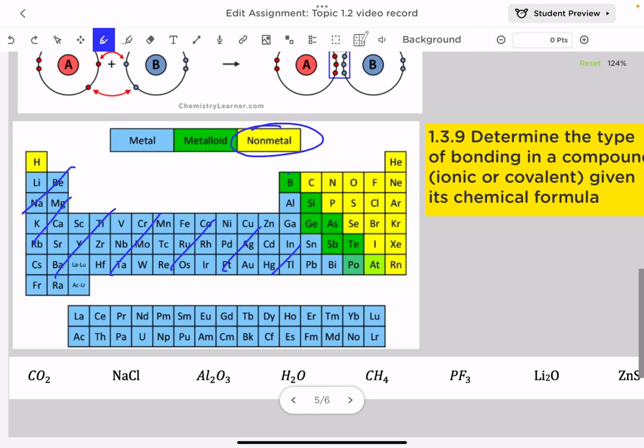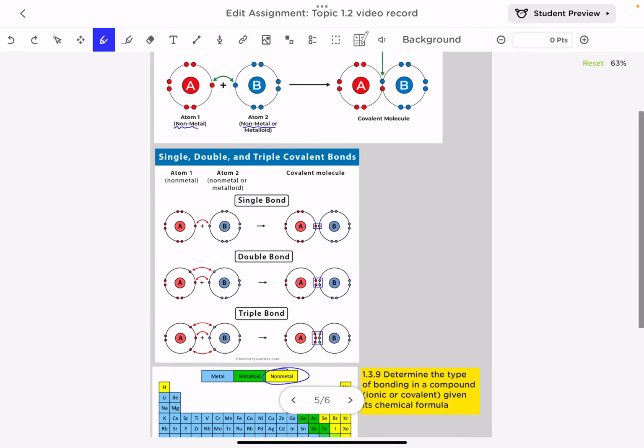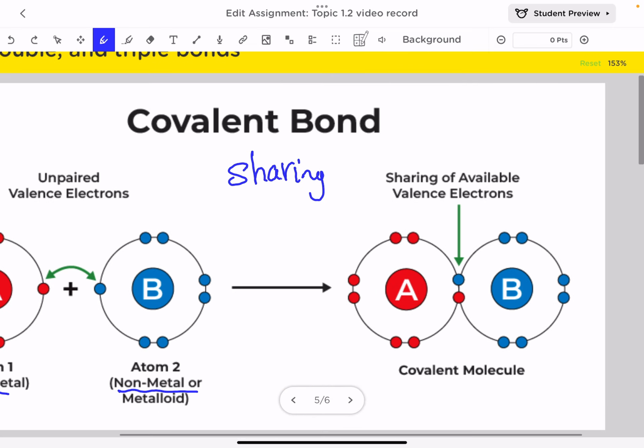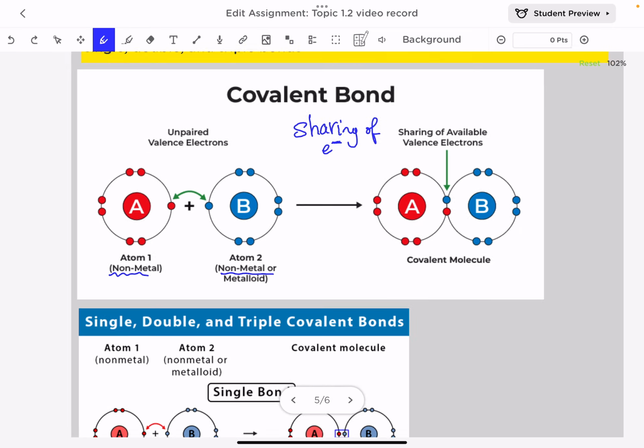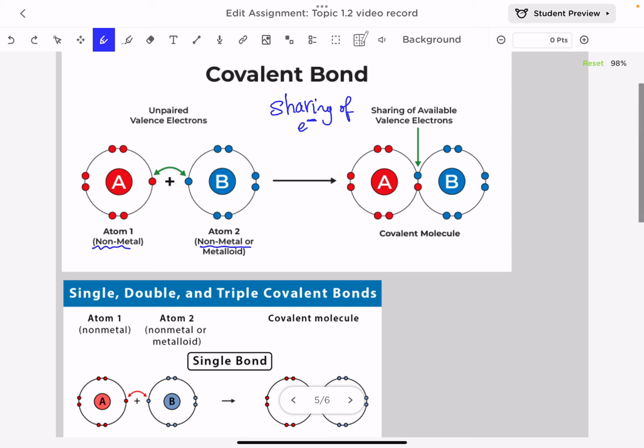And sometimes we can also take the metalloids with them to form a covalent bond. So these atoms, the non-metals, they share electrons. Look at atom A and atom B. Both of them are nonmetals and they both share these electrons. And like this, they form a covalent bond.